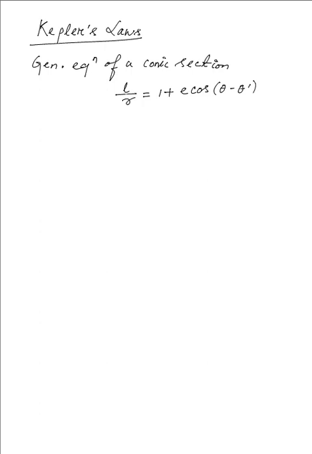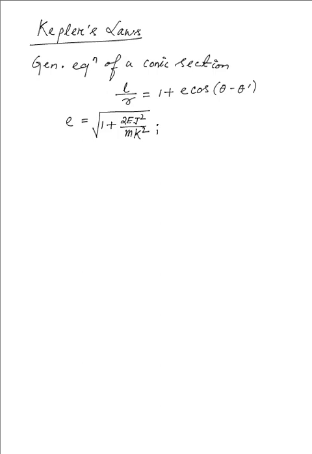And the e there is the eccentricity, which is equal to the square root of 1 plus 2E, which is the total energy, J, which is the angular momentum squared, divided by the mass m times k squared, k being the constant of the force considered.